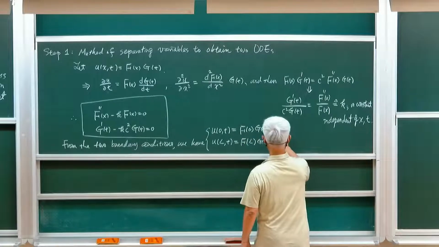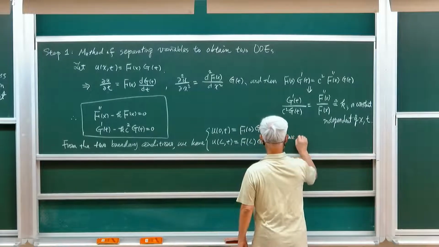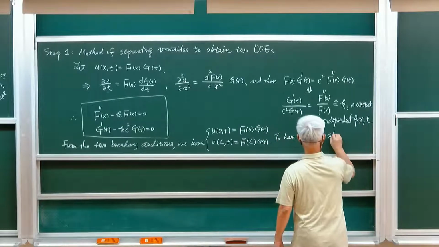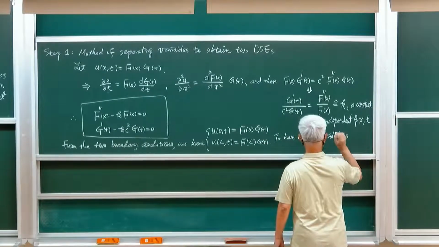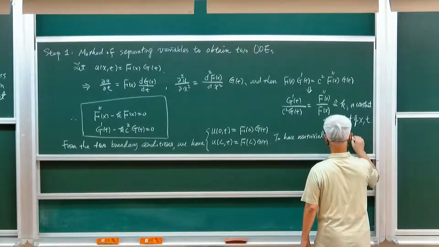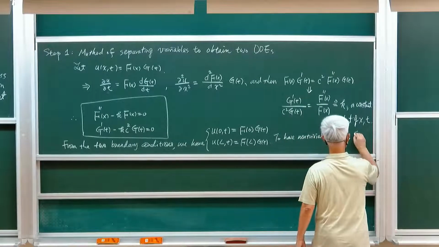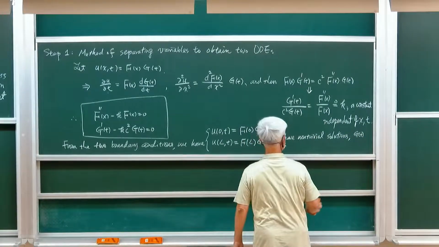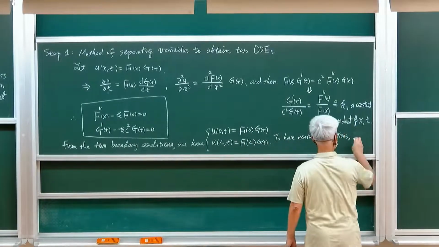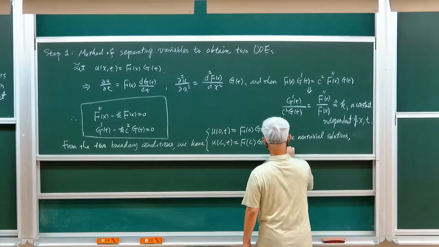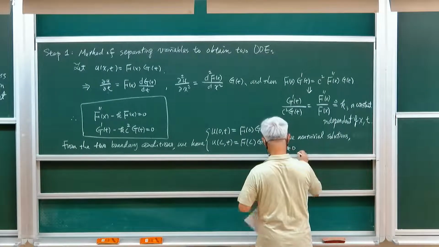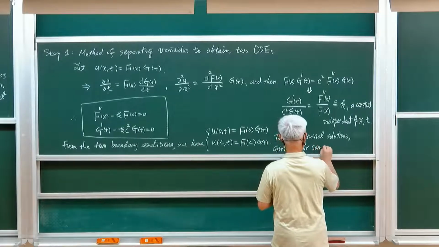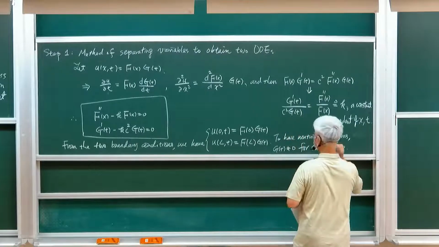Now, to have non-trivial solutions, then G(t) is not equal to 0 for some t greater than or equal to 0.